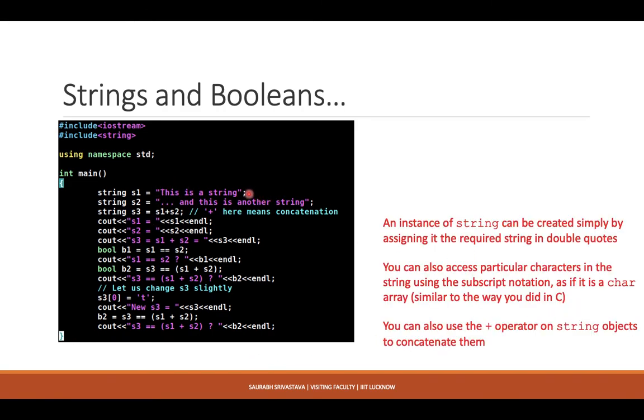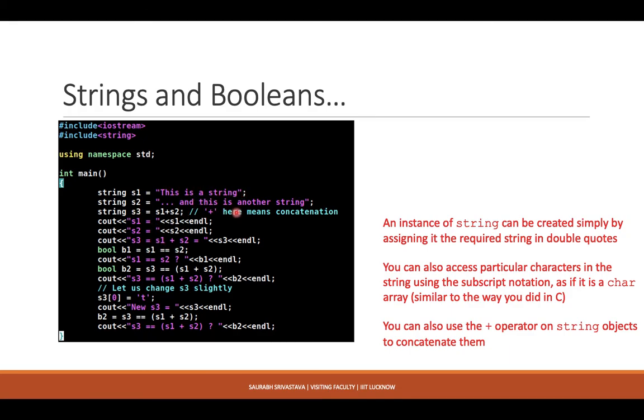You just put whatever you want as a string in double quotes, and you can access particular characters in this string by using the subscript notation, as you can see here. And you can use the plus operator to concatenate two strings. So for example, if you concatenate s1 with s2, you get another string s3, which is basically a concatenation of these two strings.